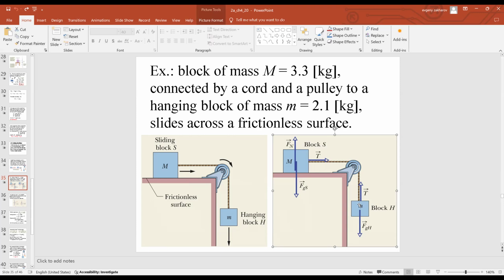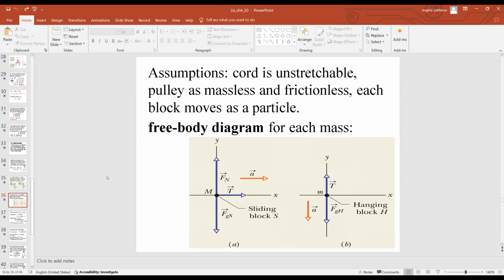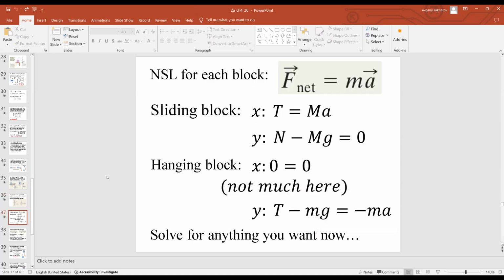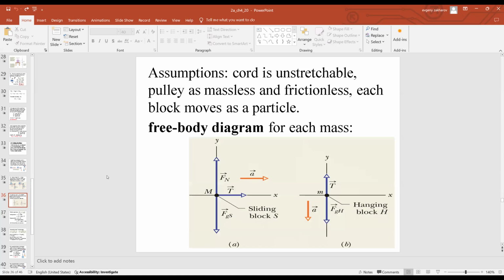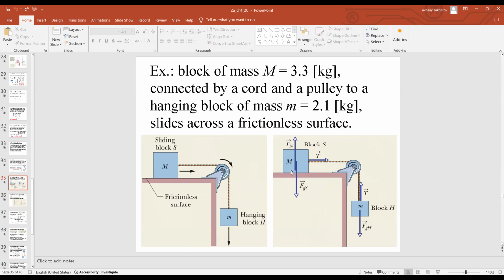First of all, you have two different systems. You have the block with capital M, the massive block, and then the other block with a small m. So two different systems, and you'll get two different systems of equations. Let's discuss the first one, capital M. What do we see? We see the gravity acting on the big block, and this block is sitting on the table.